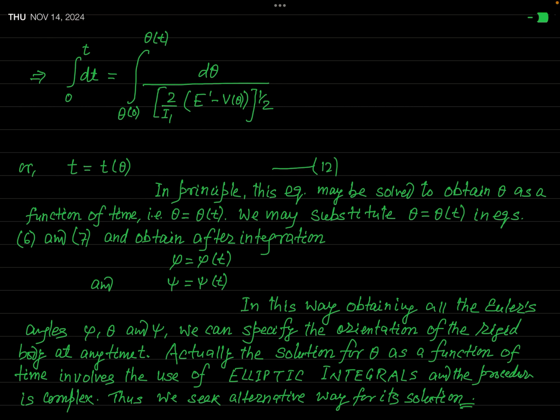So after integration, you can see the integral of dt from 0 to t will be equal to the integral from theta at 0 time, here theta in the argument I have written 0, which represents the value of theta at t equal to 0, to theta of t, meaning the value of theta at time t, of d theta over the square root of 2 over I1 times E dashed minus V theta. In this way, t will be obtained as a function of theta.